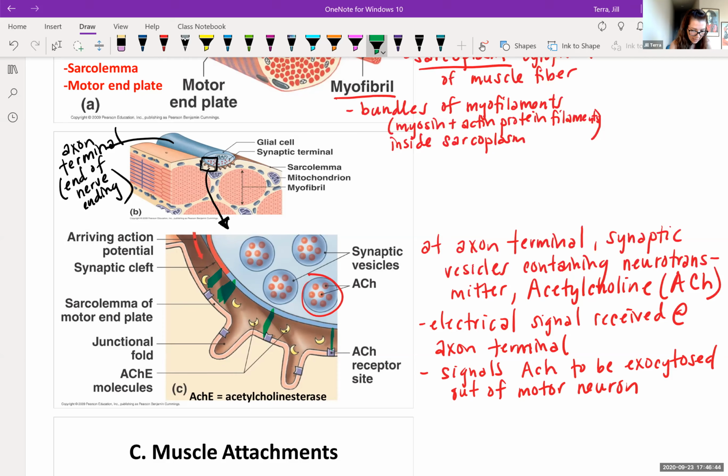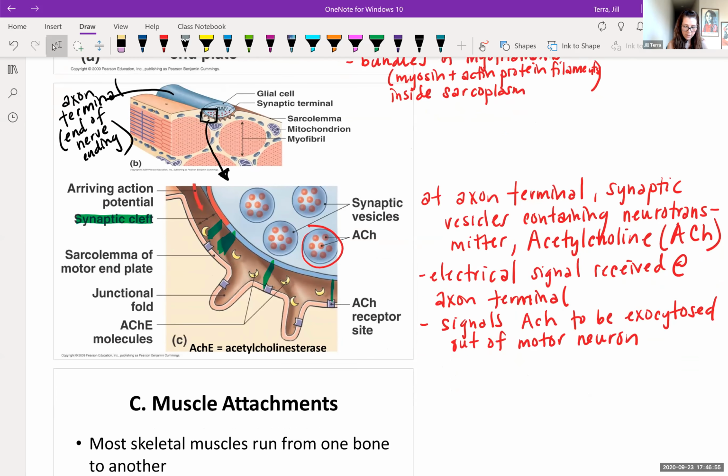That is called the synaptic cleft. So the acetylcholine is exocytosed out of the motor neuron and travels across the synaptic cleft between the motor neuron and the muscle fiber cell.